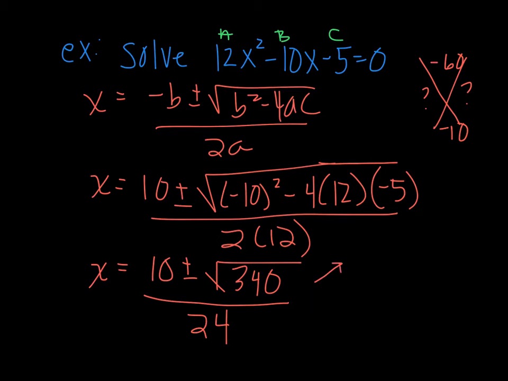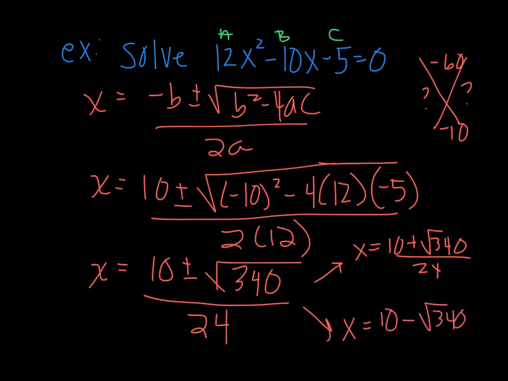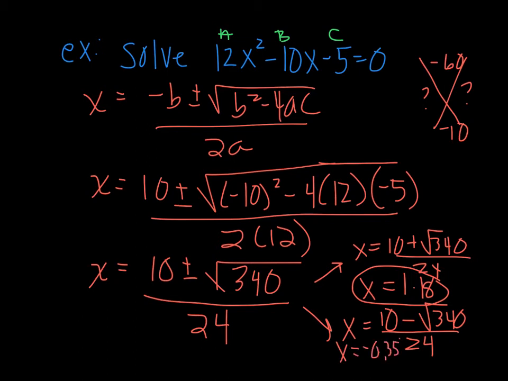So my two equations would be x equals 10 plus the square root of 340 divided by 24, and x equals 10 minus the square root of 340 over 24, which I can then plug in my calculator and get for this first one that x is about 1.18 and that x is about negative 0.35. So those are my two solutions, which I get easily by plugging it into the quadratic formula.